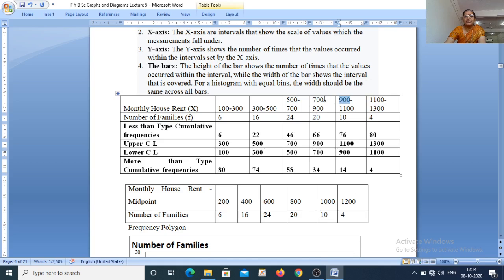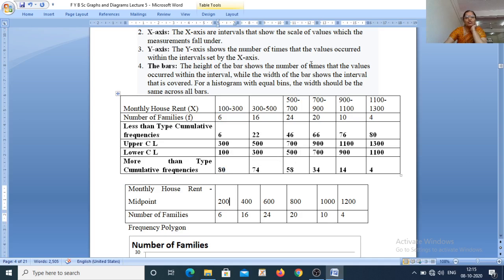Similarly, the number of observations having value more than 700 will be 4 plus 10 plus 20, so 14 plus 20, that is equal to 34. How many observations have a value more than 500? It is 4 plus 10 plus 20 plus 24, that is 34 plus 24, that is 58. And all observations are more than 100. Therefore, there are 80 observations having value more than 100.